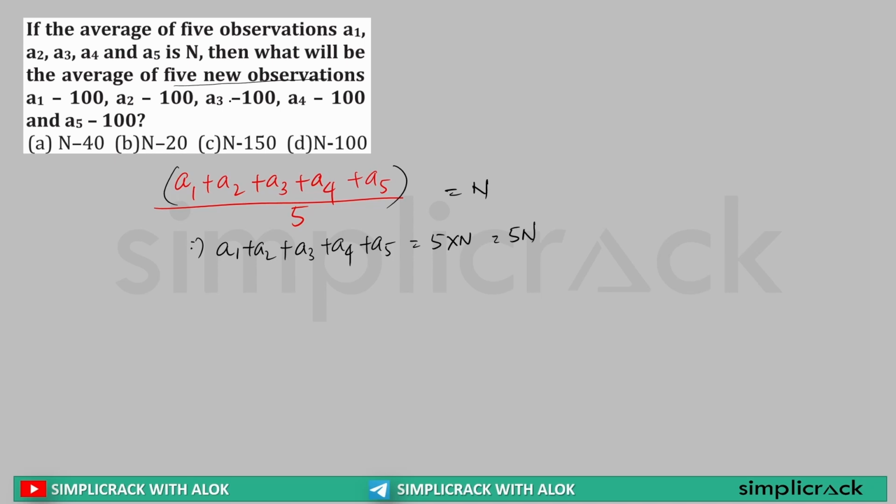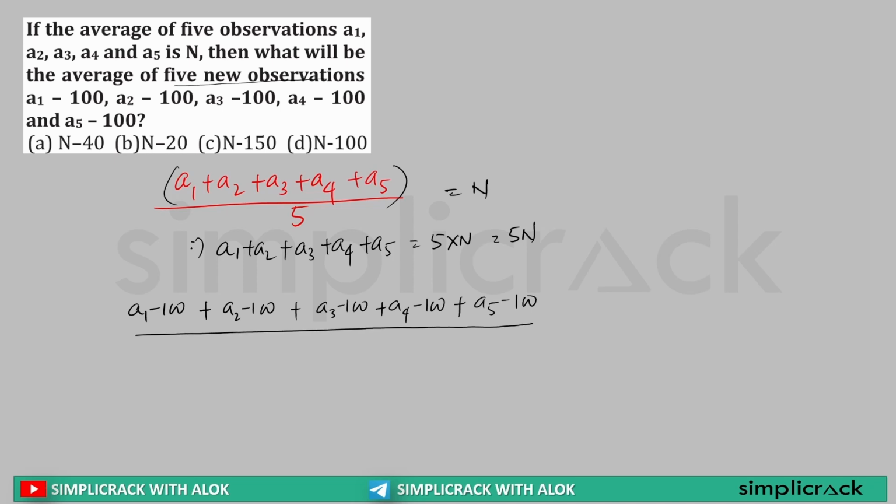Now here it is asking the average of this. So I am writing this, sir, A1 minus 100 plus A2 minus 100 plus A3 minus 100 plus A4 minus 100 plus A5 minus 100, divided by how many numbers are there? 1, 2, 3, 4, 5. 5. Sir, this can be written as 100, 200, 300, 400, 500.